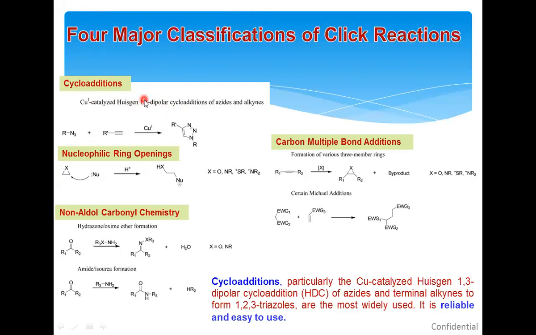So what's the chemistry? Cycloadditions, as I have written here, is a copper catalyzed cycloaddition reaction. We say Huisgen 1,3-dipolar cycloaddition, in short HDC. So we have an azide and a terminal alkyne. In the presence of copper, it forms a 1,2,3-triazole.